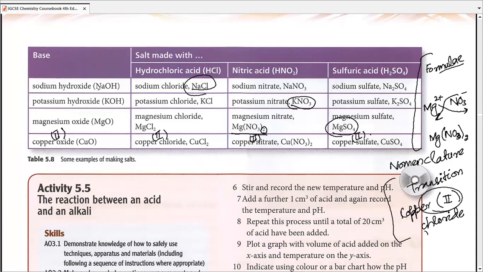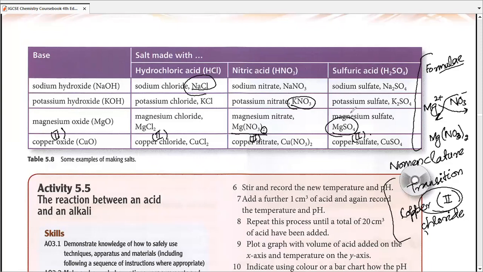For example, if you aren't going to go with these bases, pick up the bases or alkalis from the previous table and write the new ones over here. Change these acids with different acids from the table at the start of this chapter. Instead of hydrochloric acid or nitric acid or sulfuric acid, you can go with carbonic acid or phosphoric acid or ethanoic acid. Then you can come up with the products over here.